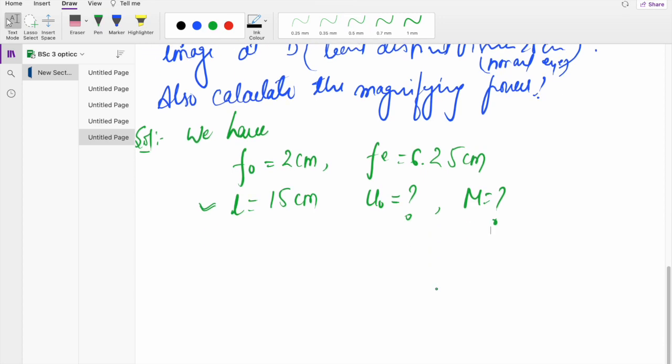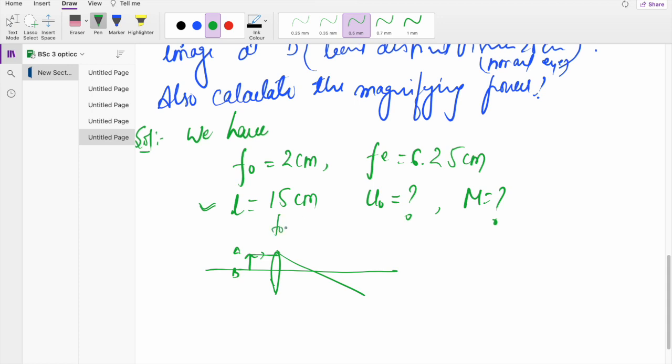Let's discuss the ray diagram. A compound microscope consists of two converging lenses. The first one is the objective lens. If you place an object here, suppose this is AB, a line parallel to the principal axis will go through the focus.